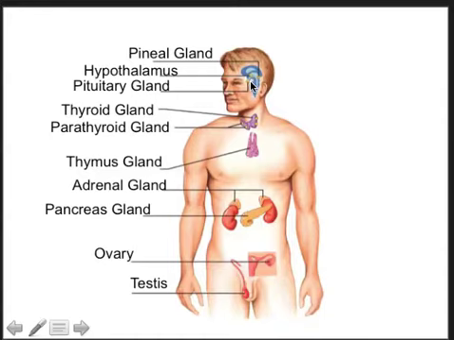Oxytocin is involved in the ejection of milk from breast tissue and uterine contraction, and antidiuretic hormone is your water retaining hormone, so it's important in maintaining blood pressure, blood volume, and fluid balance.